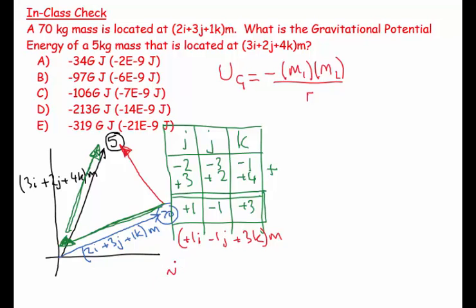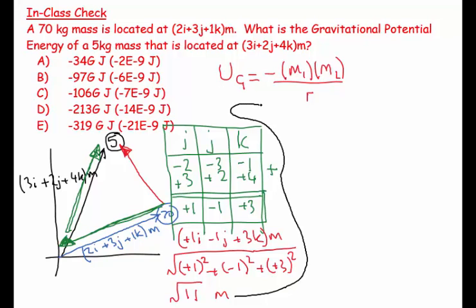I just simply use Pythagoras in 3 dimensions. So it's going to be plus 1 all squared added to minus 1 all squared added to plus 3 all squared, and find the square root of all that, which is the square root of 1 plus 1 plus 9, square root of 11 meters. Well, if I transfer that back up to here, I can say that UG is equal to, oh my word, I don't believe I forgot that.